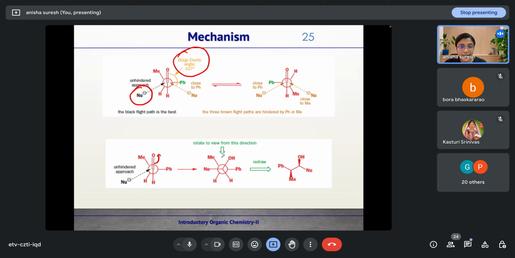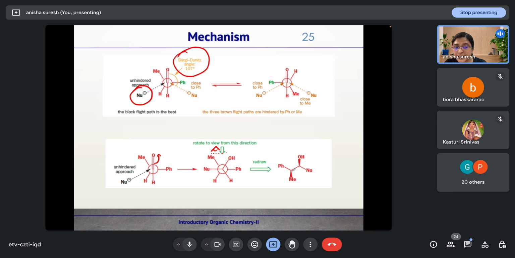And if we rotate it in such a way as to view this, if we are viewing from this direction, suppose the nucleophile and the phenyl group both are coming in the plane.